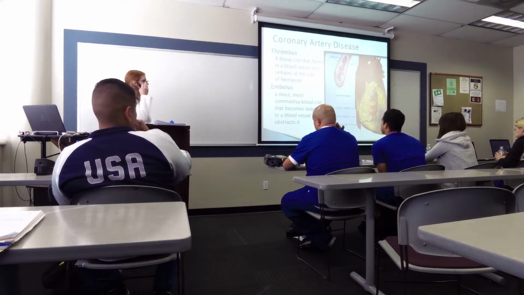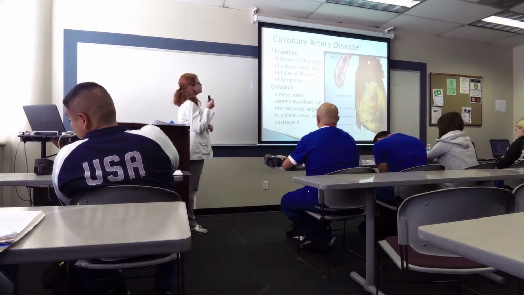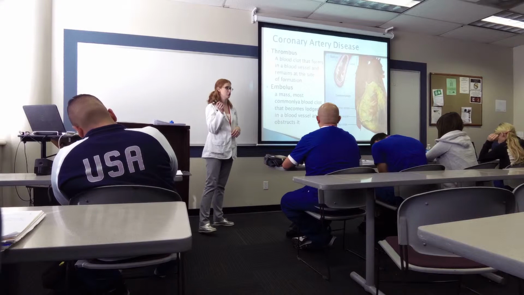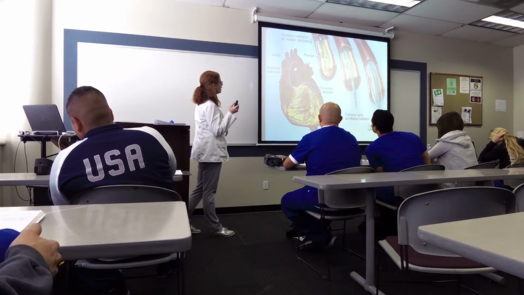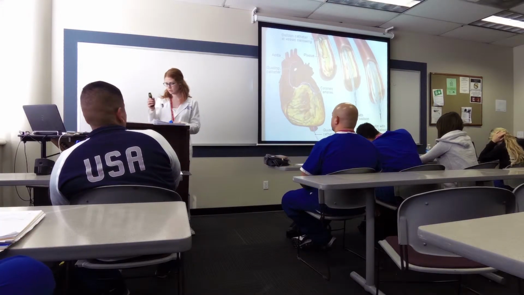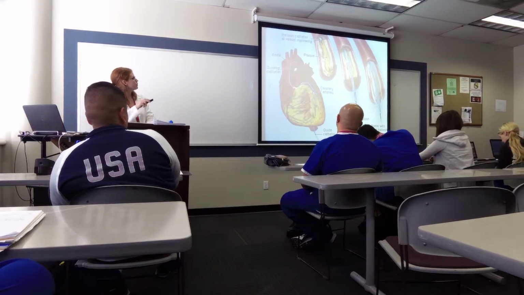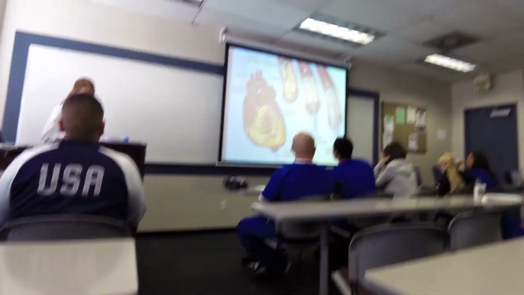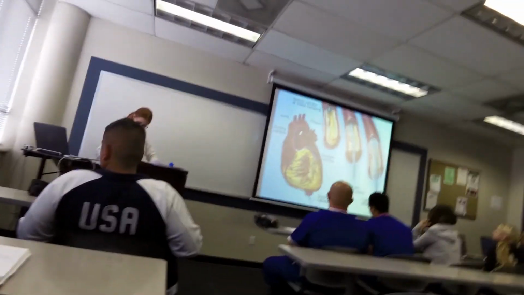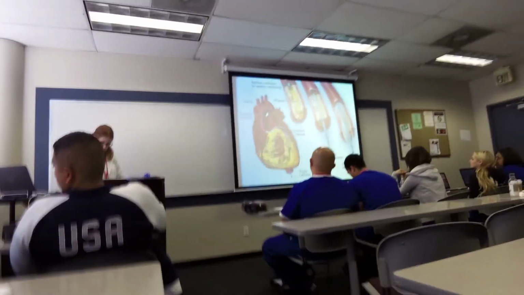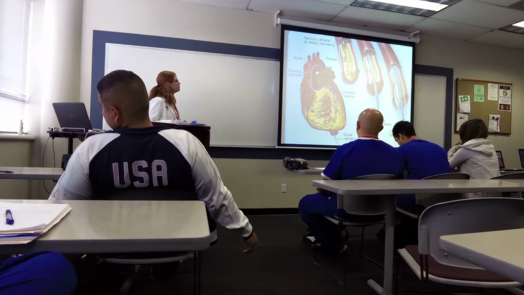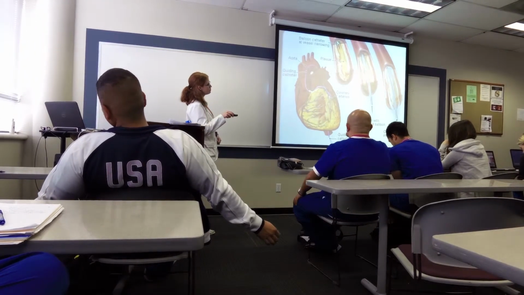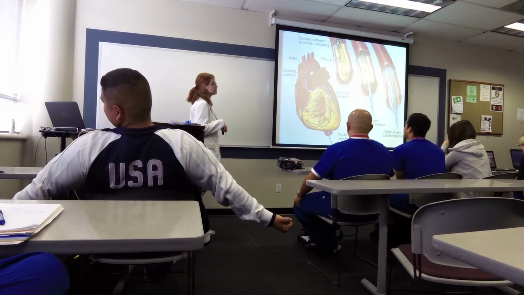Okay, so when someone has coronary artery disease, when they're diagnosed with it, they are likely going to have surgery. The first surgery, this is a picture of it. It's on page 225 of your book on the bottom, and it's called a balloon angioplasty.